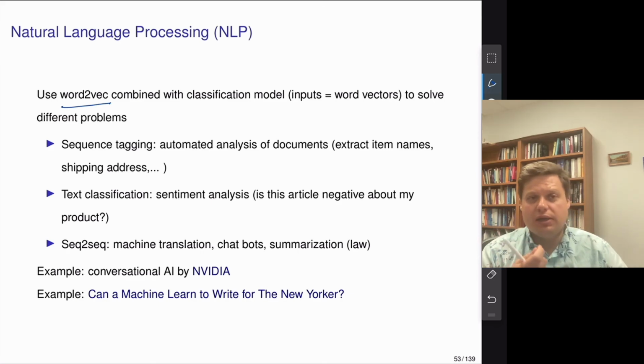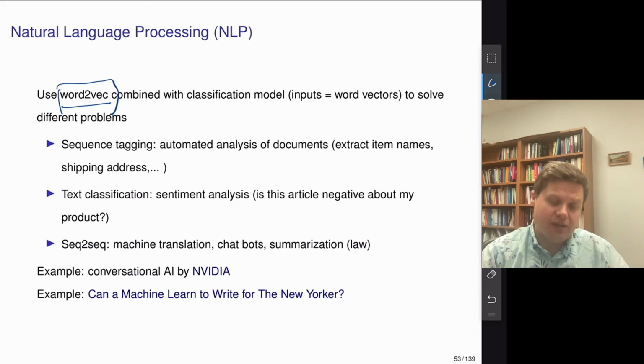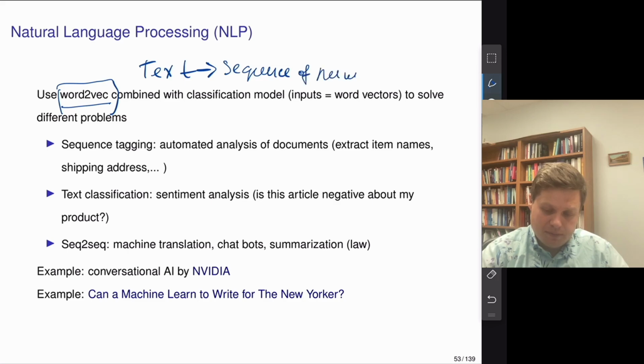And before you start analyzing text using deep learning models, you have to convert it into a vector or into a matrix. And one of those ways is this word to vector. And we're going to talk about how a piece of text can be first converted to a sequence of numbers, or essentially a vector.